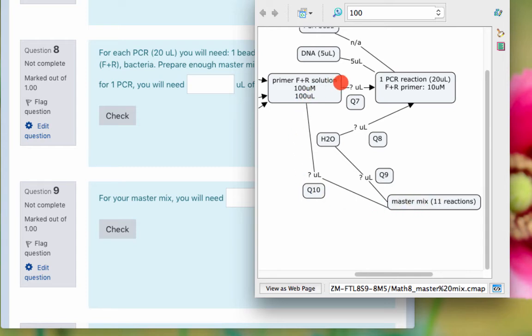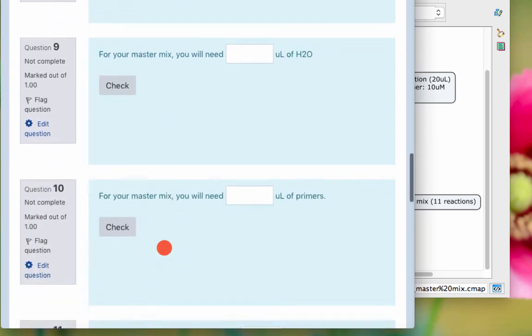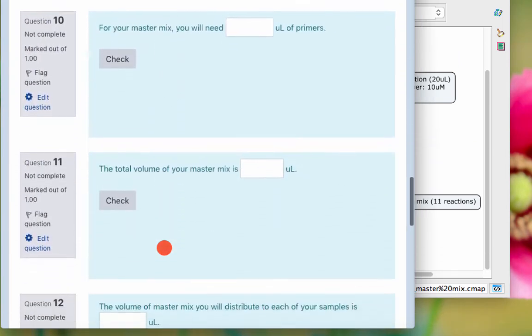That's going to be the amount of primer that you're going to use in the master mix. That's Q10. And for Q9, similarly, if this is the amount of water used in a single reaction, what about for 11 reactions? How many microliters? That's Q9. So we have solved most of the questions.